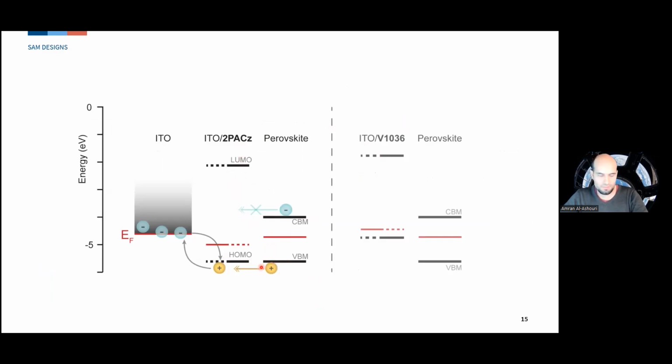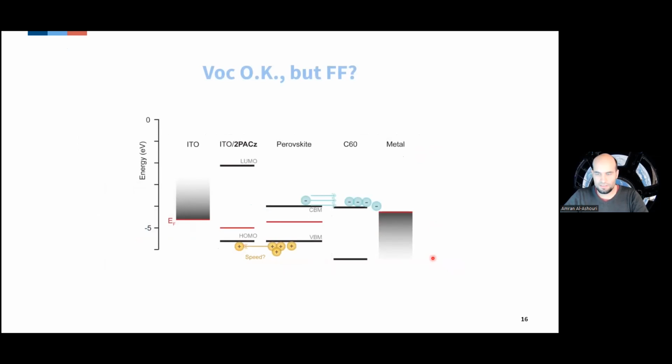The holes can get through without any energetic loss, and then recombine with the electrons in ITO, or to say it better, ITO can resupply the electrons. In V1036, the energy level is somewhere in the middle of the band gap of the perovskite, if the values were accurate. So we get the high VOCs, but what about the fill factor, right?